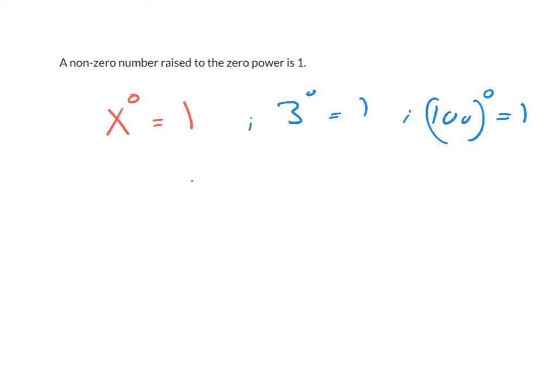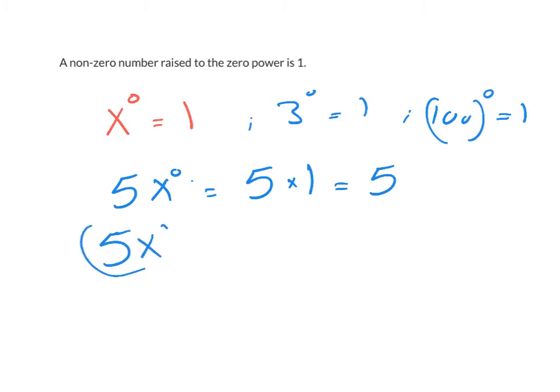What if I multiply 5 times x to the 0 power? That's going to be 5 times 1, since x to the 0 power is 1, and the answer is 5. But what if we have 5x, and everything to the 0 power?